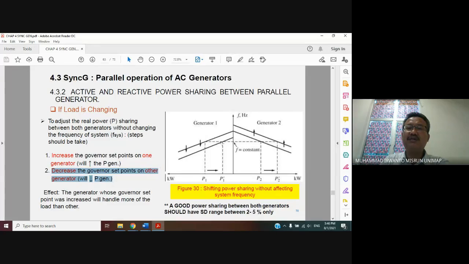Generator 2 will decrease in terms of active power.